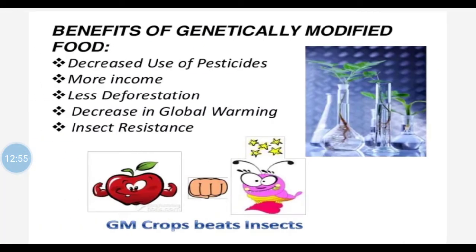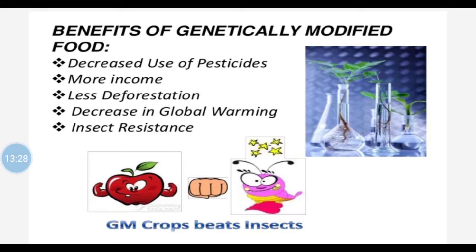Now first we will talk about the benefits of genetically modified foods. So benefits include, first of all, decreased use of pesticides. When we go for genetically modified foods, comparatively the pesticides required are very less.